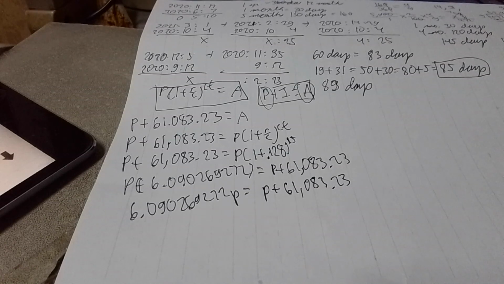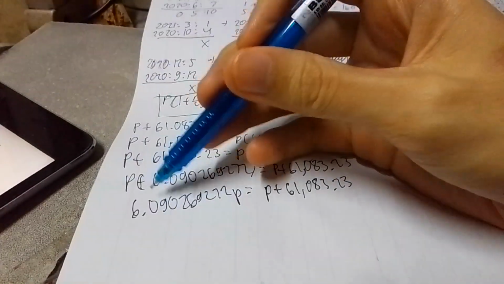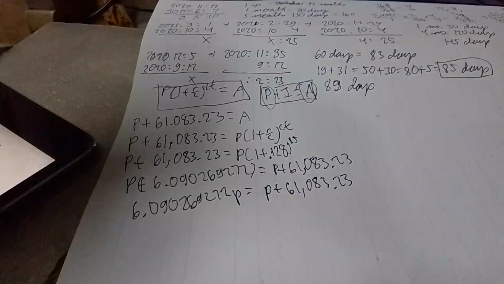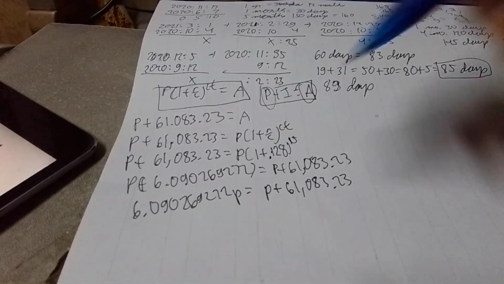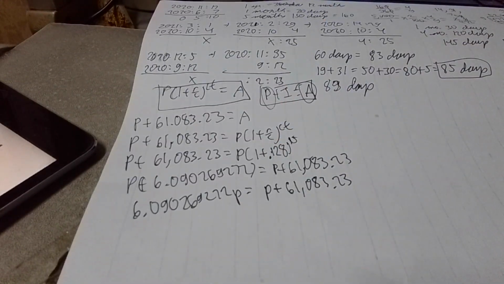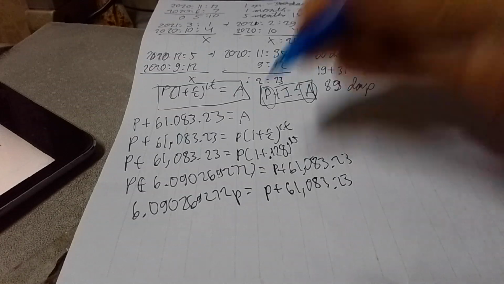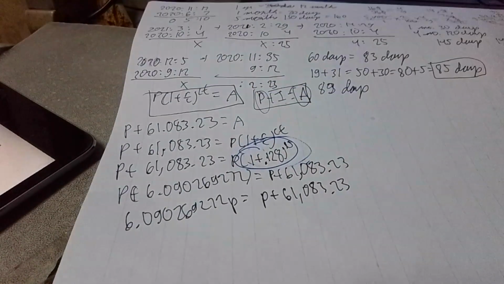We have 6.0902 72P on the left side of the equation, and this is the right side of the equation, where we have P plus 61,083.23. Remember, at the end, we have already solved for this.